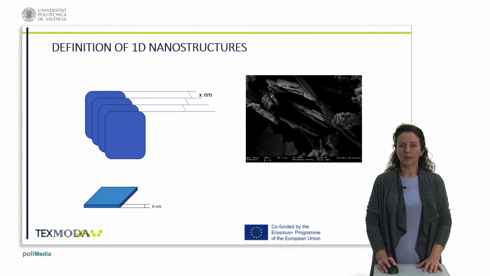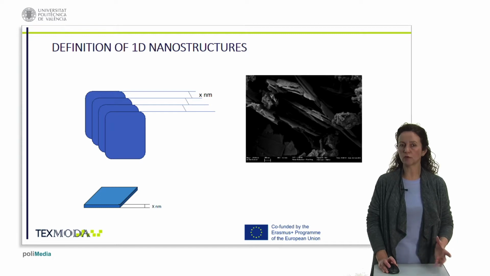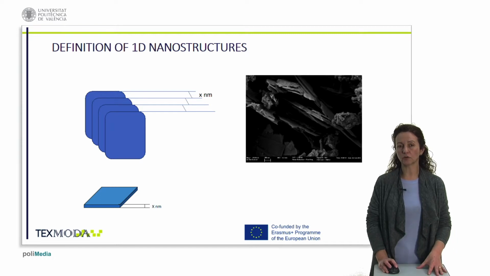Here we can observe that when we are talking about 1-dimension nanometric structures, there are different possibilities. We can be talking about the nanometric distance between, for example, 2 sheets or 2 layers of a product, or we can be talking about the width of one product.